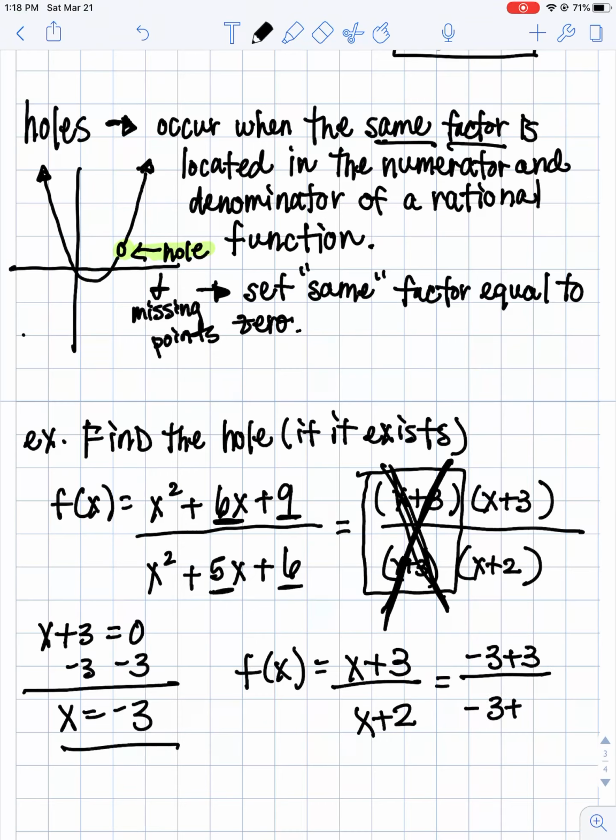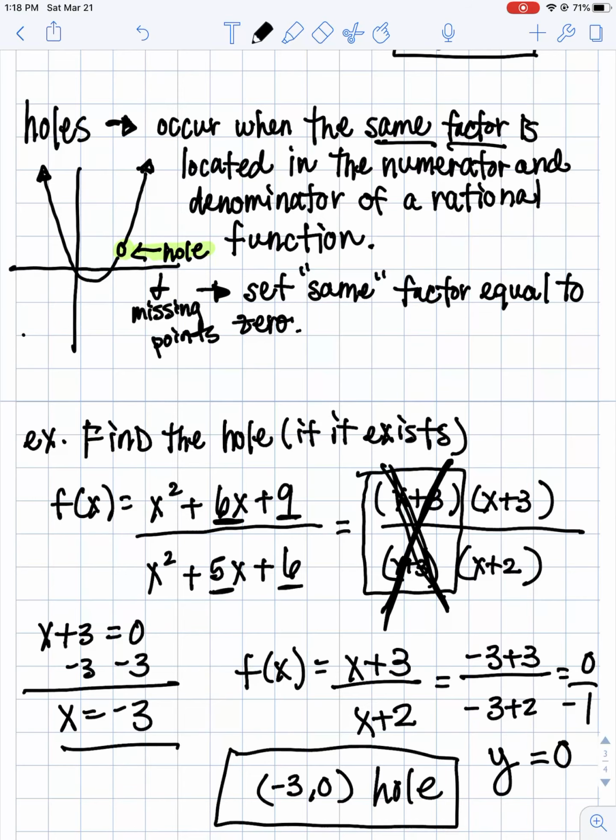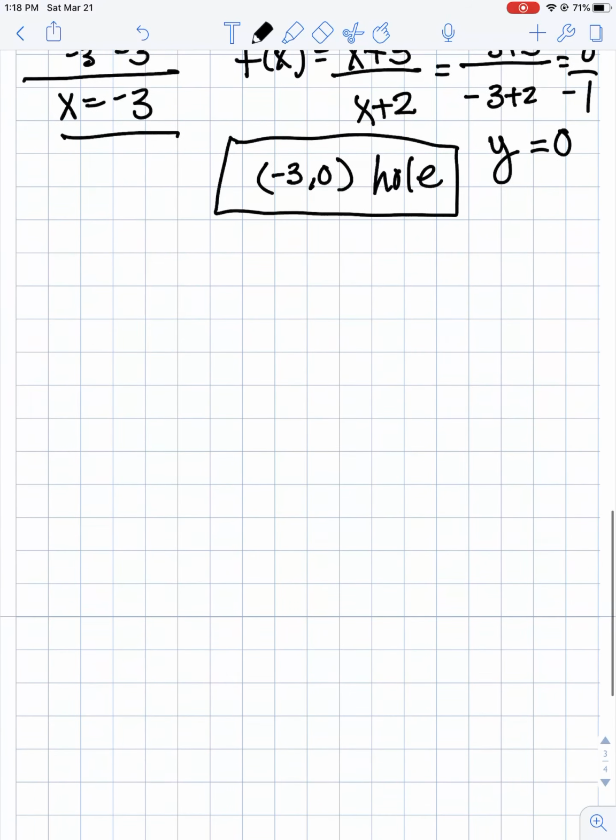So it'll be negative 3 plus 3 over negative 3 plus 2, which will be 0 over negative 1. And 0 divided by negative 1 is simply 0. So y equals 0. And so what's the ordered pair? Negative 3, 0 is my hole. Okay, so that's how we find holes. Next, vertical asymptotes.